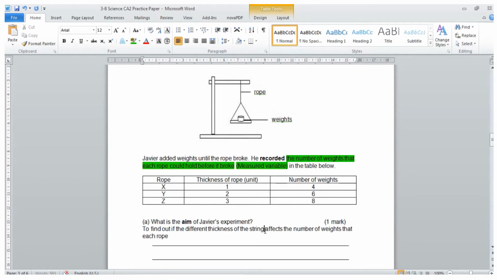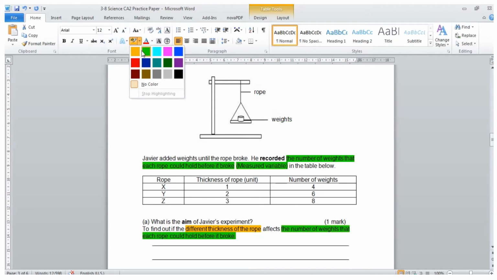So the thickness of the rope affects the number of weights that each rope could hold before it broke. So let me again highlight what is the change variable and what is the measured variable. Clear? Okay, now this is very clear cut already.